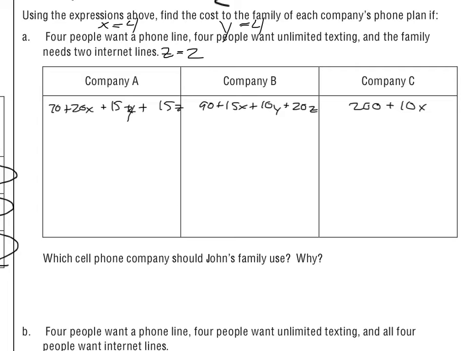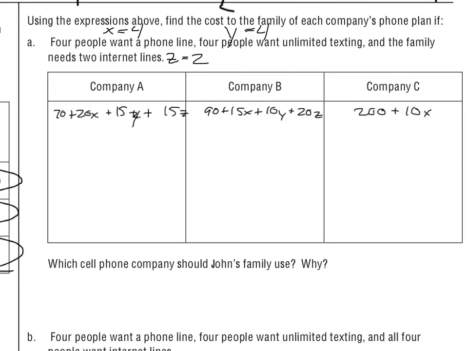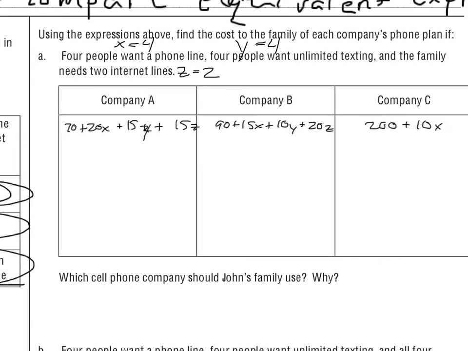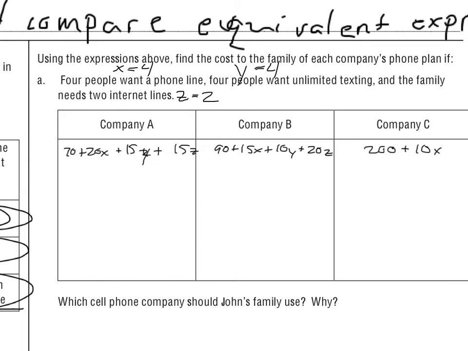So we're going to have to substitute in for each company. For company A, that looks like 70 plus 20 times 4 plus 15 times 4 plus 15 times 2. Then we have to simplify that expression.